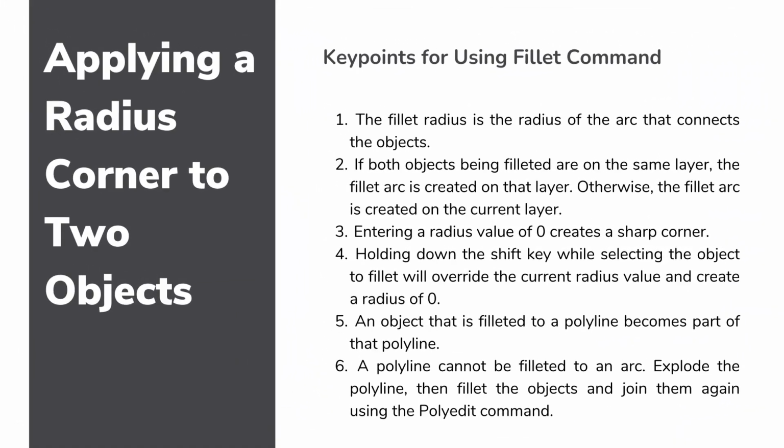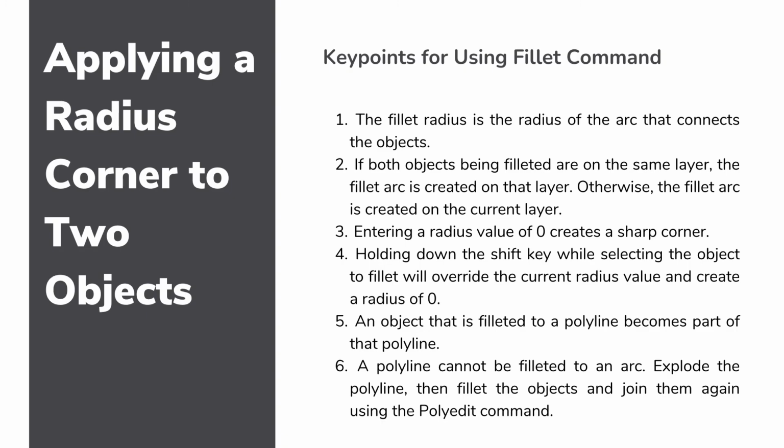Okay, so ito naman yung mga key points for using fillet command. So first, the fillet radius is the radius of the arc that connects the objects. Next, if both objects being filleted are on the same layer, the fillet arc is created on that layer. Otherwise, the fillet arc is created on the current layer. Next, entering a radius value of 0 creates a sharp corner, meaning parang walang nangyari sa ating object.